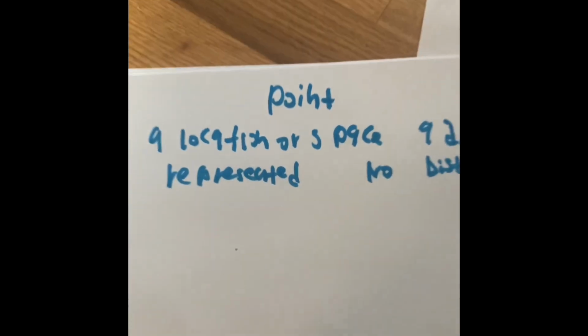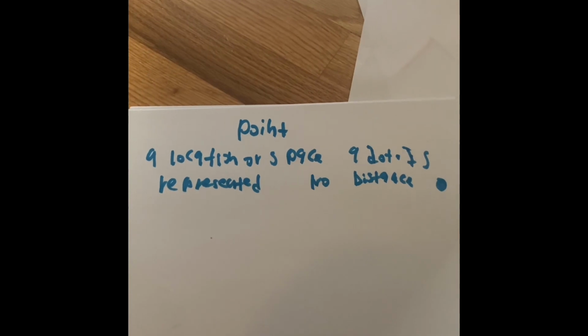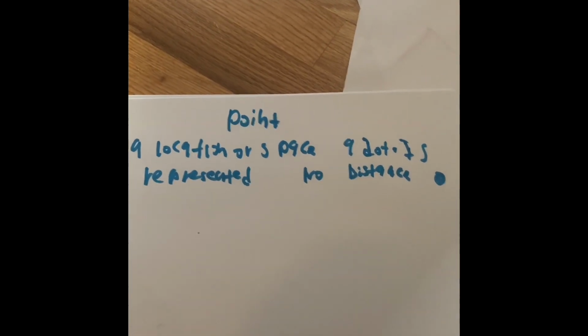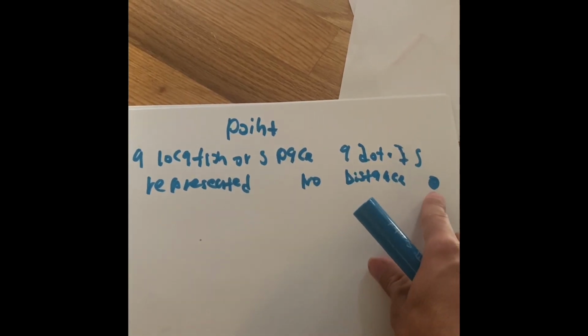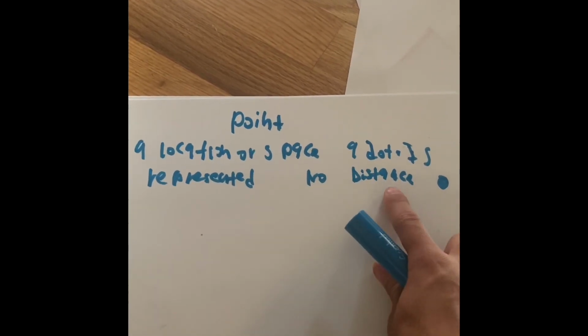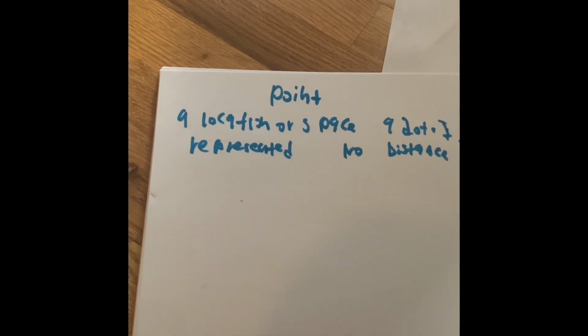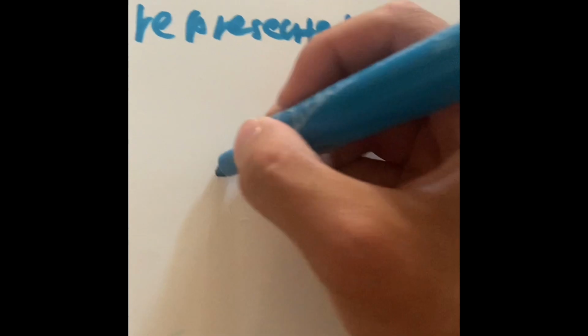A point in geometry is supposed to indicate a location or space. It is represented by a tiny cute dot, and it represents no distance. So, to use a point, it can indicate a space.